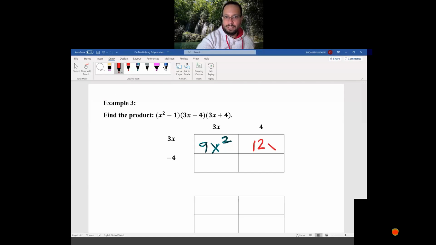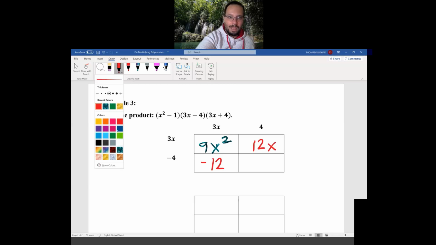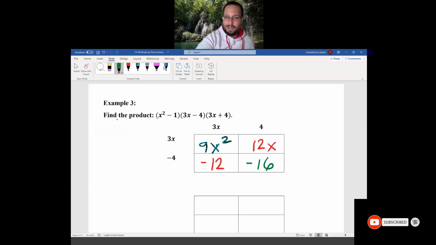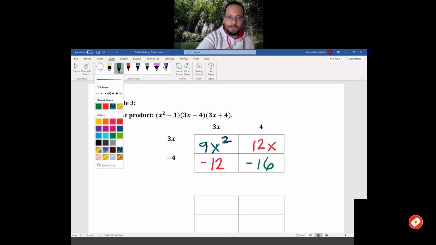Negative 4 times 3x is going to give me negative 12x. And negative 4 times positive 4 is going to give me a negative 16. We have a negative 12x and a positive 12x, so they're going to cancel.